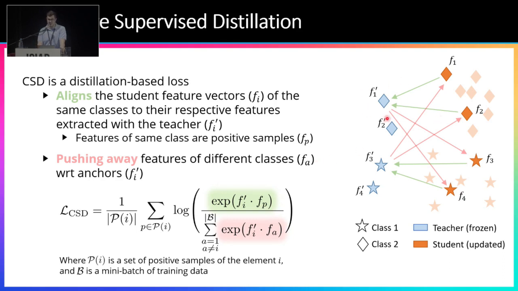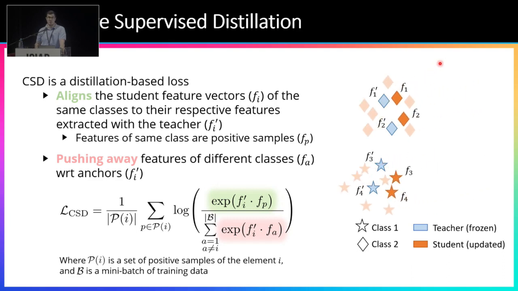Here in the figure, you can see with the superscript prime and in blue the features of the teacher, while in orange there are the features of the student. The red arrows indicate the negative samples that are pushed away from the anchor, and the green arrows indicate the positive samples that are aligned to the anchor.